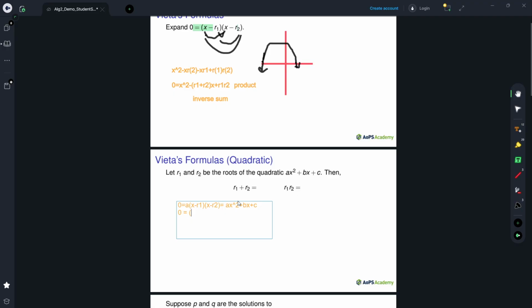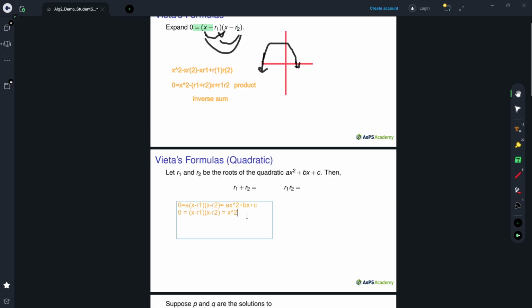So 0 equals x minus r1, x minus r2, equals what, James? Yeah, so it's going to be x squared over a plus, oh wait, x squared we're going to leave alone because it already had an a, so we need to divide by a.